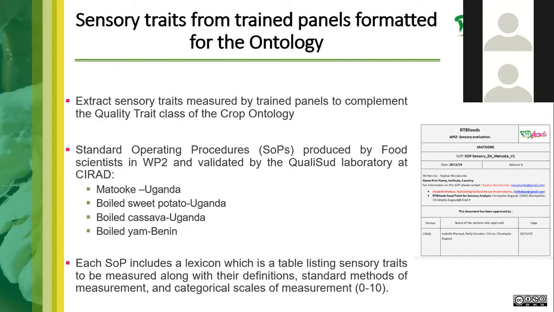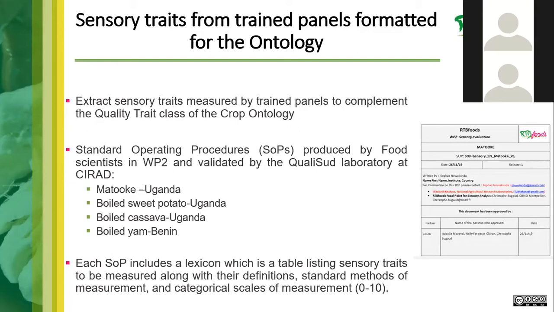So we are going to be looking at how the lexicon in the SOP can be used to finally make a trait dictionary. We started with the products whose reports were available and had been validated. So we started with steamed or boiled matoke from Uganda.